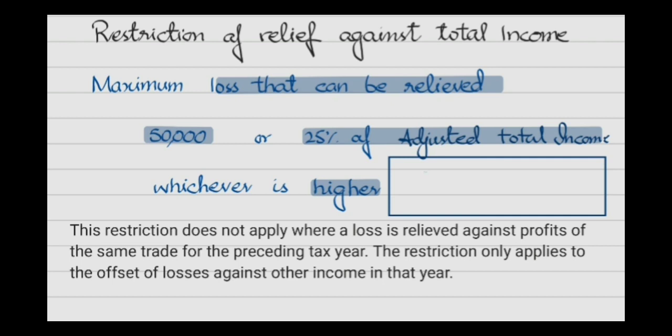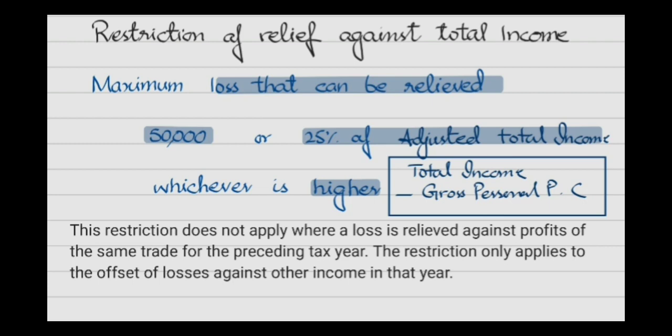So how is it calculated? It is total income less gross personal pension contribution.